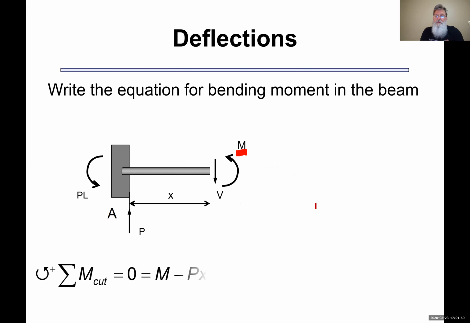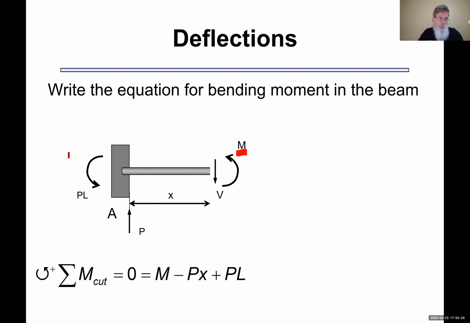So I'll sum moments at that cut section. And you can see, again, I'm assuming right-hand rule for my sign convention. So I have the moment, which I assume in this direction. It's a positive bending moment. That's a positive moment in my sign convention for statics. Then I have P going through a moment arm of L. That's creating negative moment about the cut.